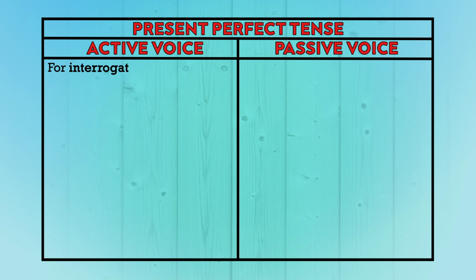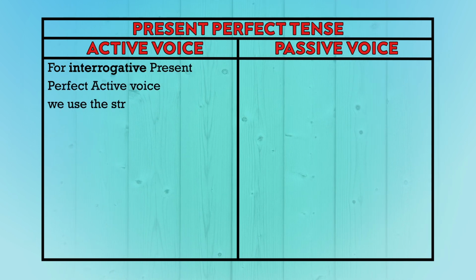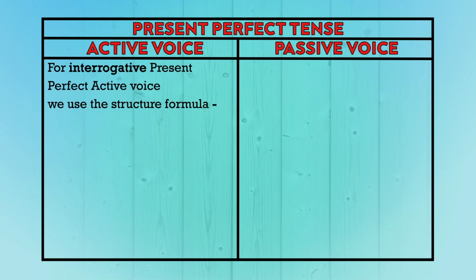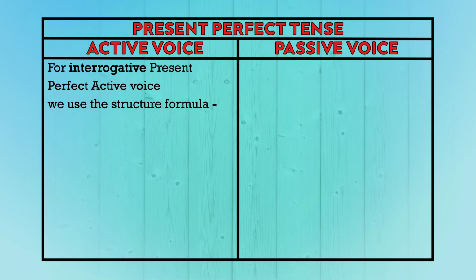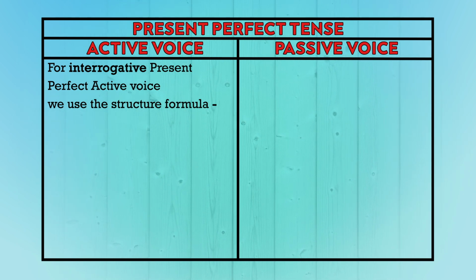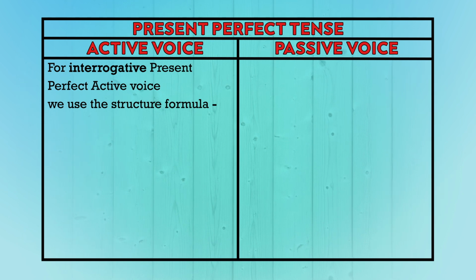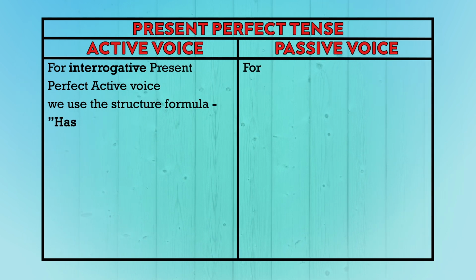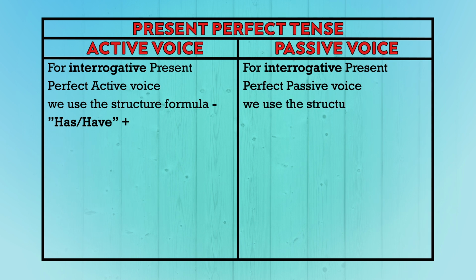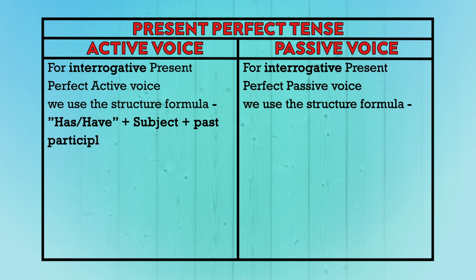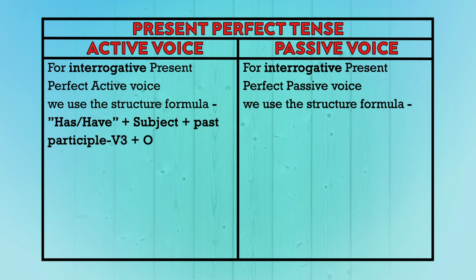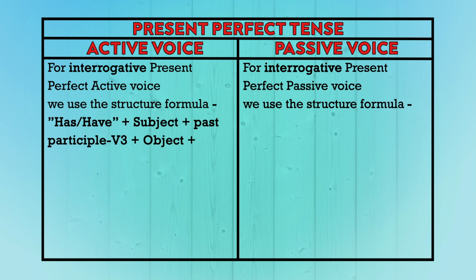The structure formula for present perfect tense in the interrogative sentence, and how to change an interrogative sentence in the present perfect to the passive. Now, the formula is have or has plus subject plus third form of the verb plus the object.